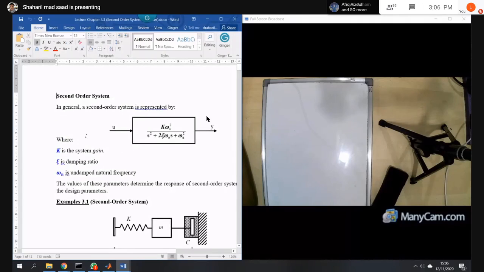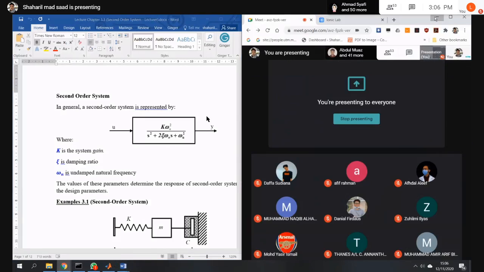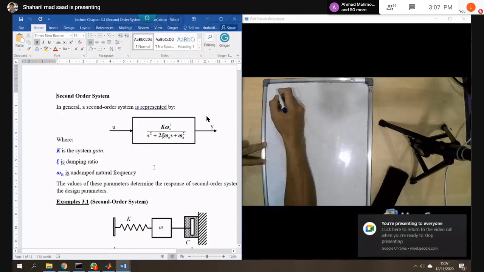Same as the first order system, you will have the general equation for the second order system.